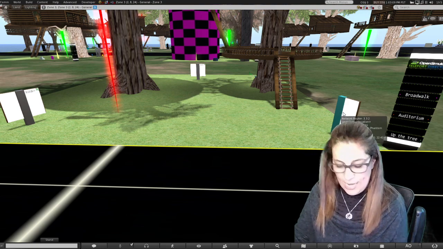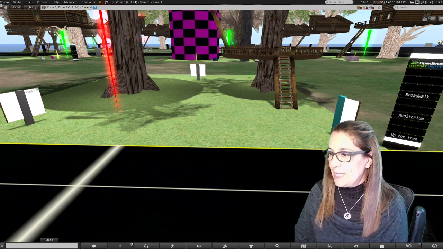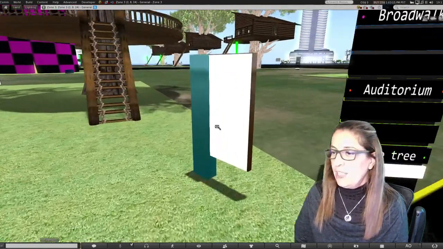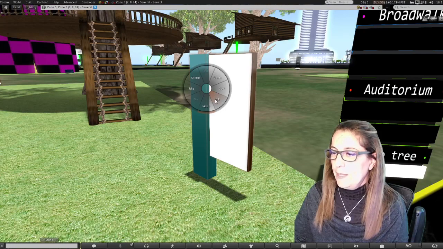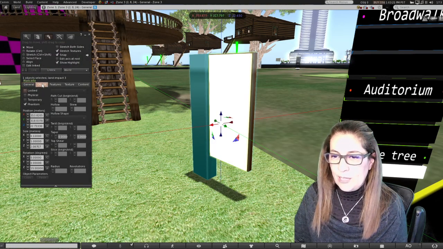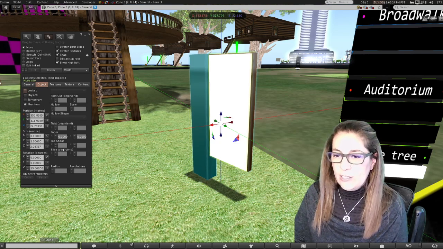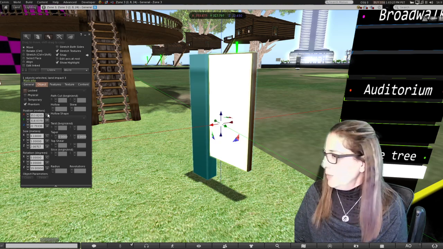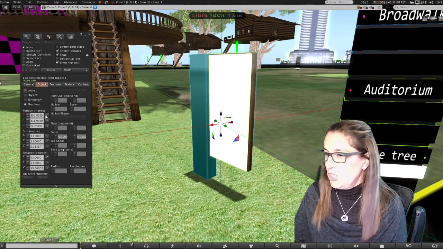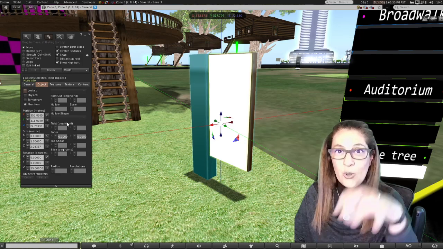So how do I know the coordinates? Where is this in space? That's why I was talking about the coordinates a little while back. So if I go here and again to edit, on the object tab, if I click on the object, right here, there's the position in meters. These 3 numbers, X, Y, and Z, are the position in space in local region coordinates.